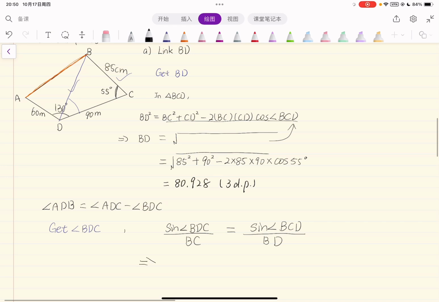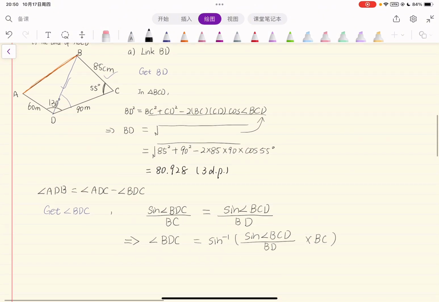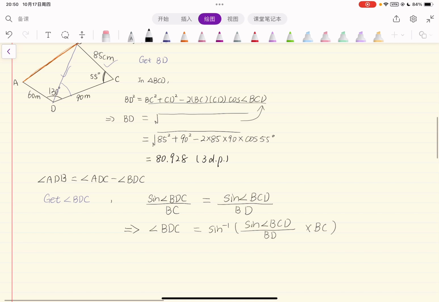Thus, the angle BDC equals sine minus 1 bracket sine angle BCD over BD times BC bracket. And then we substitute the values into the formula.